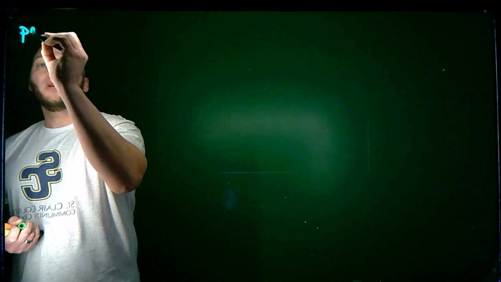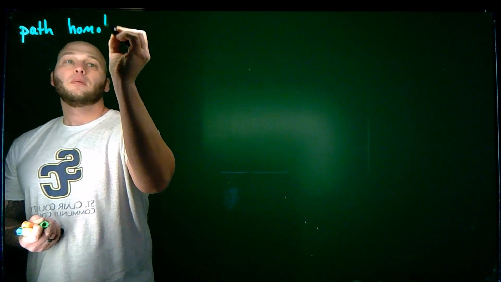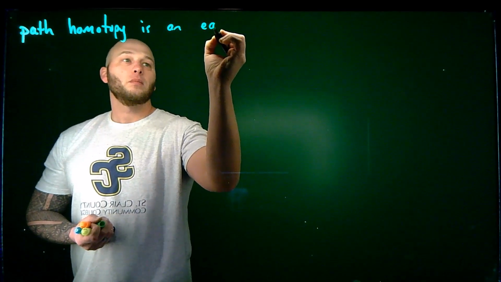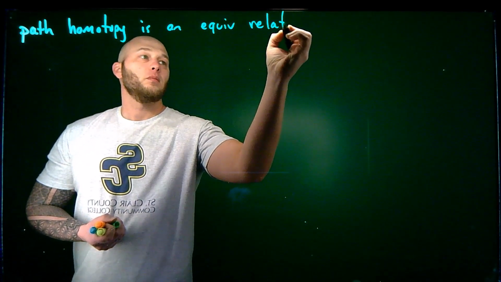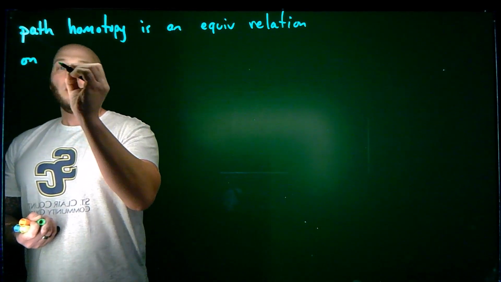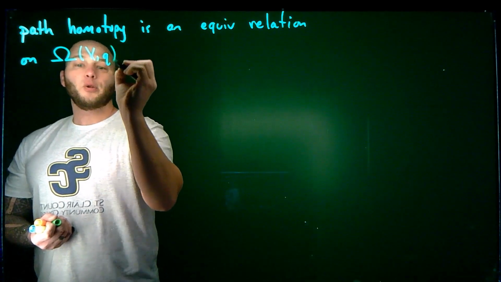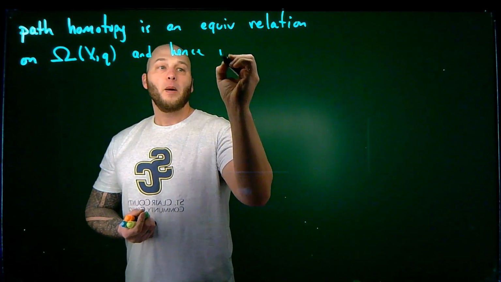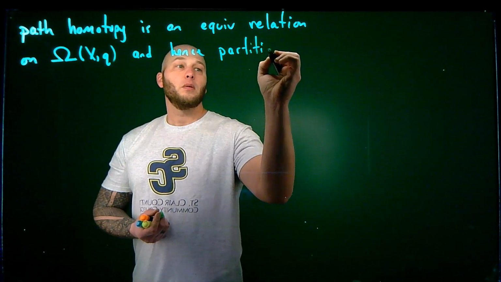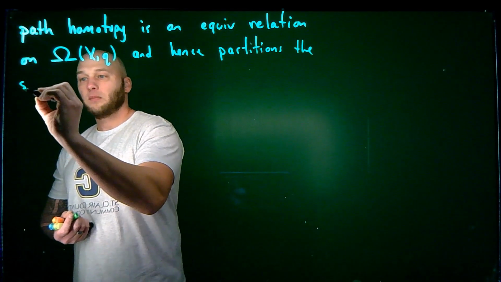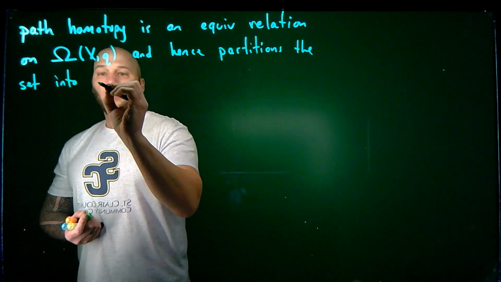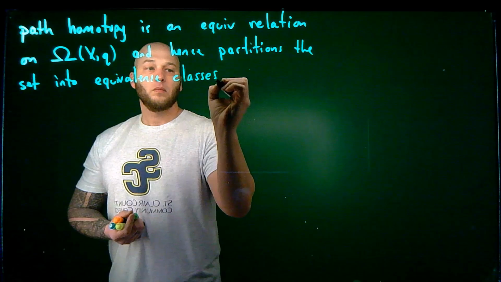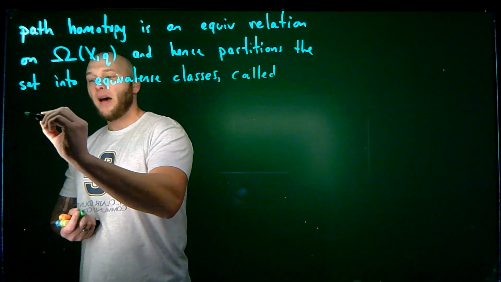Path homotopy is an equivalence relation on the set of loops in a topological space based at q, and hence partitions the set into equivalence classes called path classes of loops.